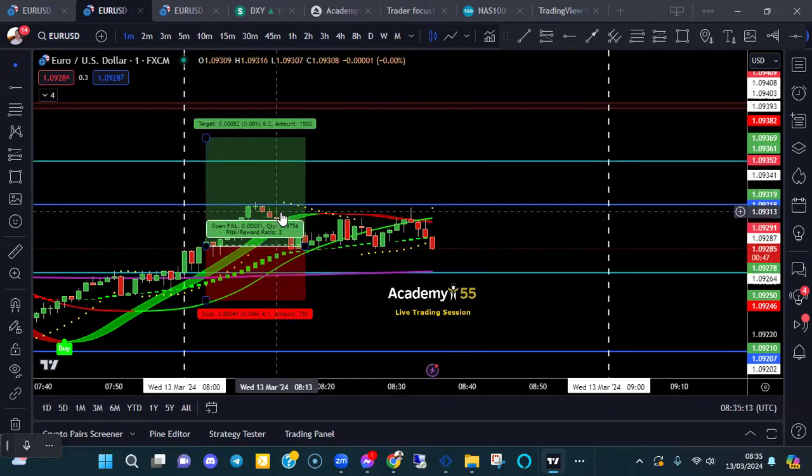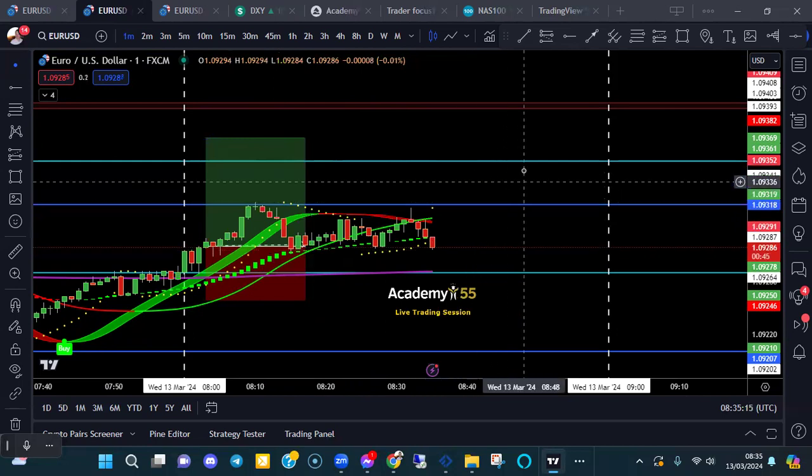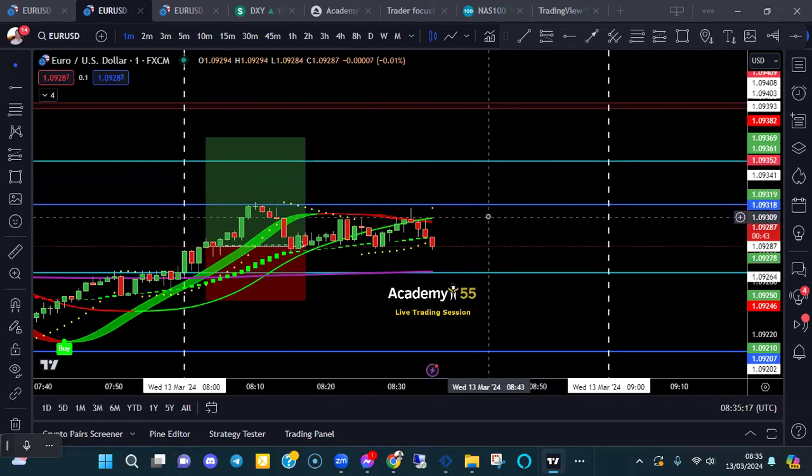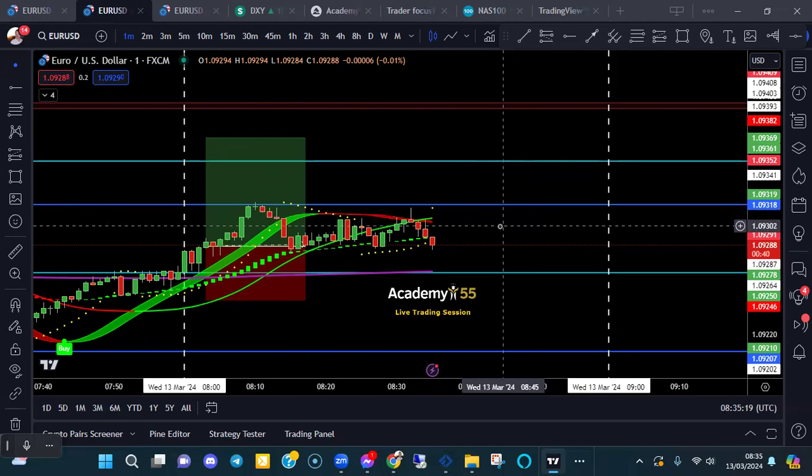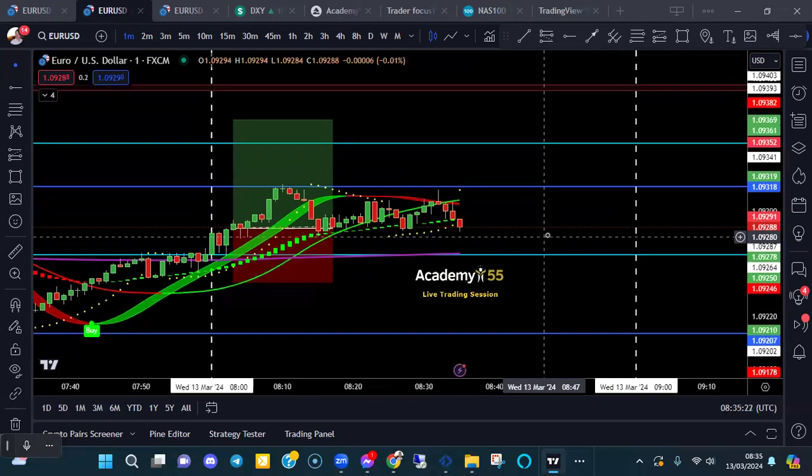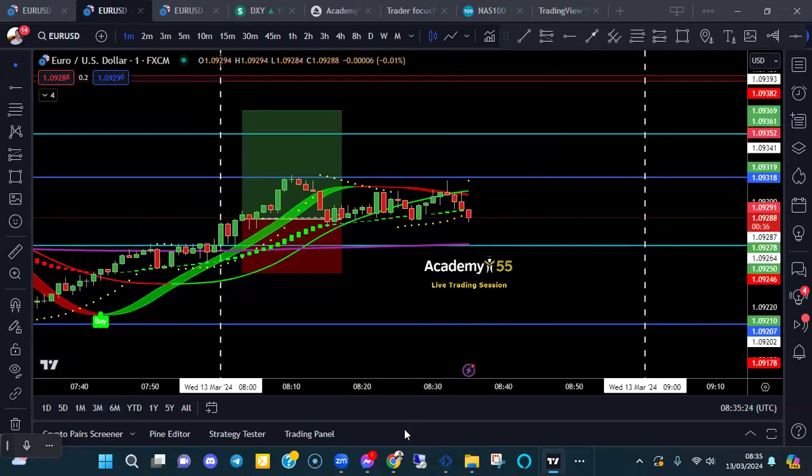Just like it's done there, it can do the exact opposite and act as support, but it needs a lot more volume to get over that line, and whether it will or not remains to be seen. But I just wanted to point that out.